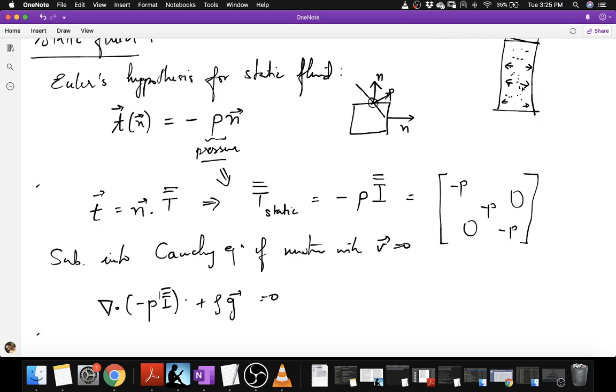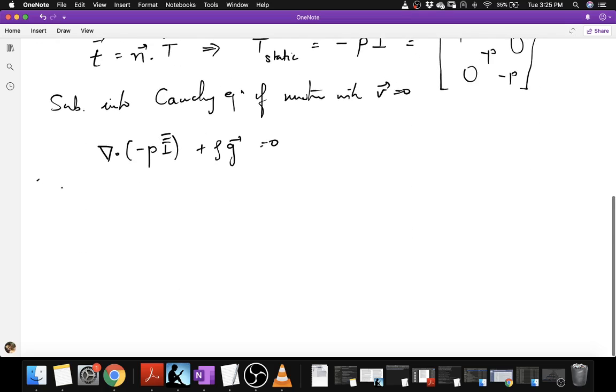That in turn implies that the negative of the gradient of pressure, since you can show that the divergence of the identity times P simply becomes the gradient of the pressure, plus rho G equal to 0.